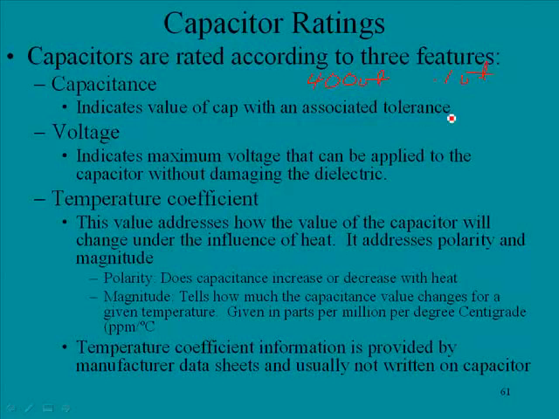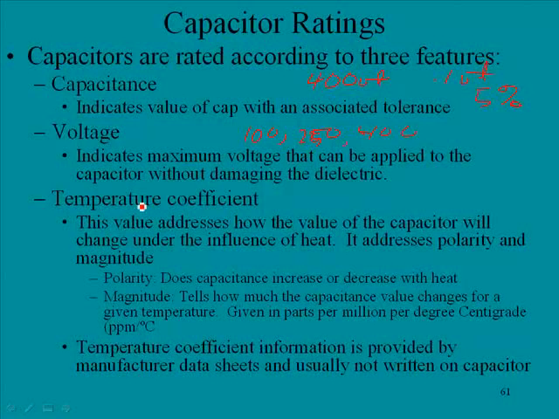They also have an associated tolerance, like with resistors you might see 5% or whatever. They have a variety of tolerances associated with them. Voltage indicates the maximum voltage that can be applied to the capacitor without damaging the circuit. And oftentimes you'll see, for example, 100 or 250 or 400, just a few of the values you might see.